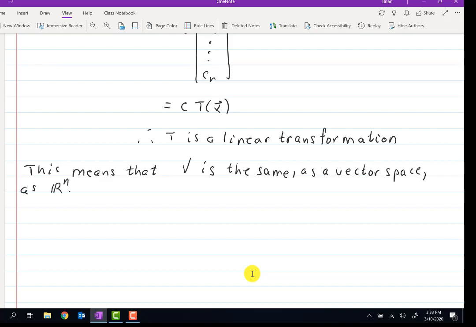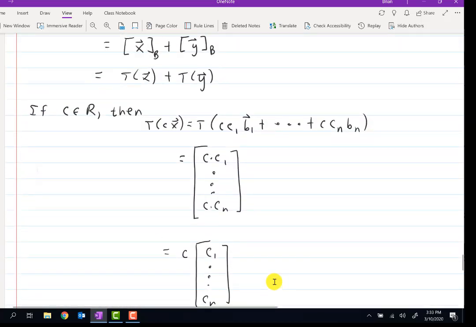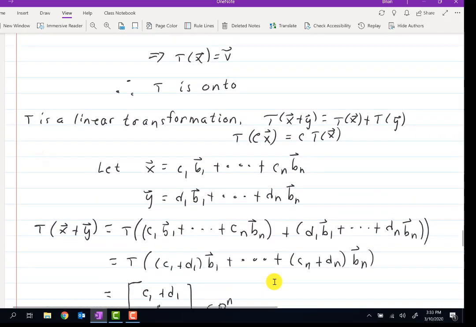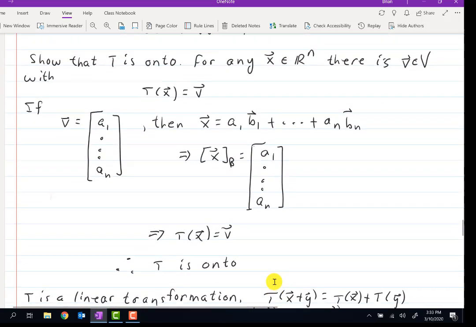So basically they're called isomorphic. V is isomorphic to Rn. Essentially V and Rn are exactly the same. And that's the idea behind all of this: once we have a basis, let me back up a little bit here, once we have a basis, they all kind of act the same way.